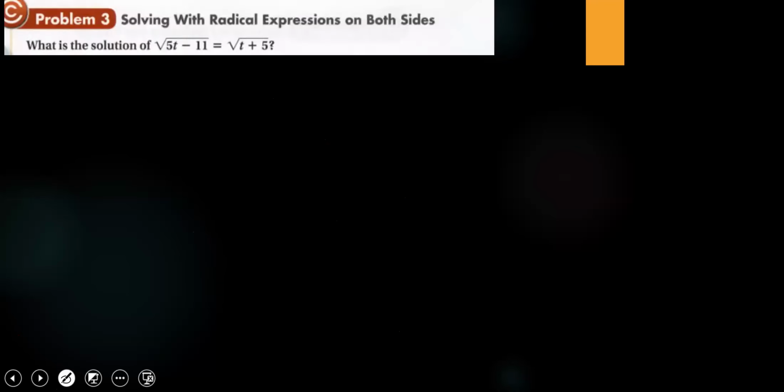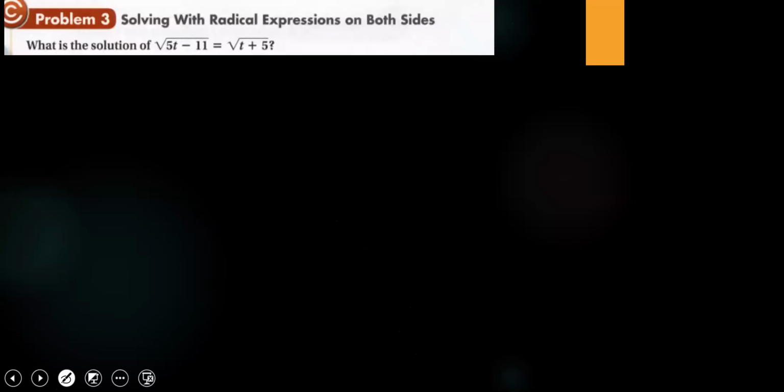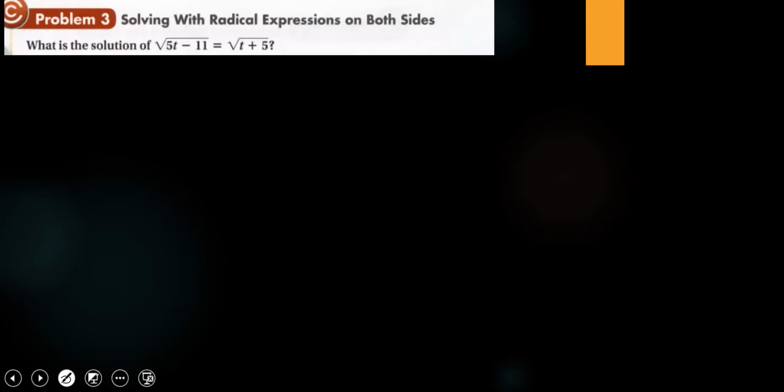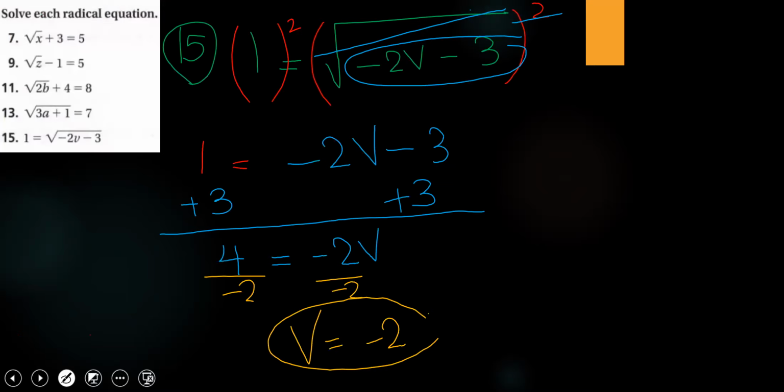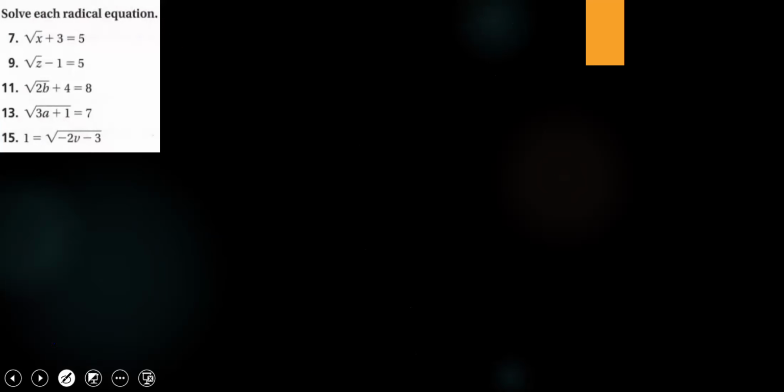Here now, as we see, we square one of the sides. Sorry, I mean that we have a radical expression on one side and a number on the other side, like here: square root of x plus 3 equals 5.